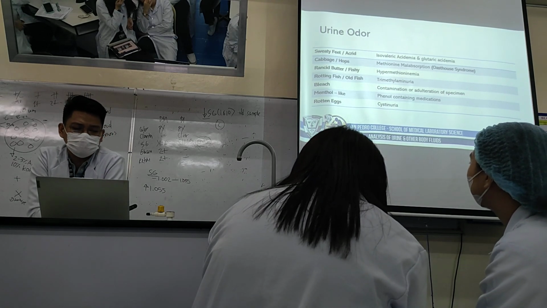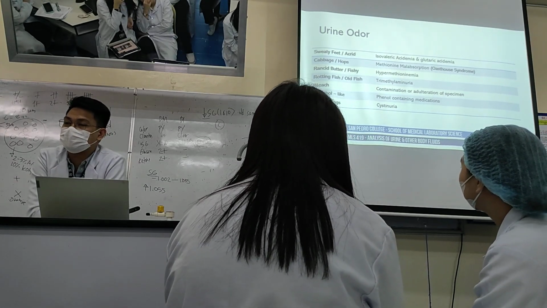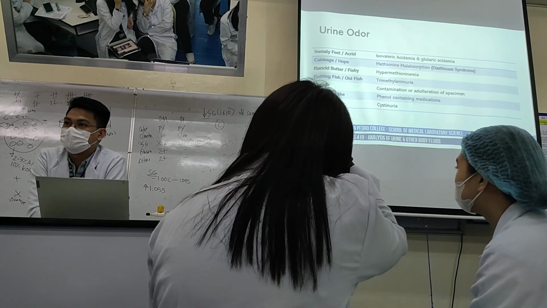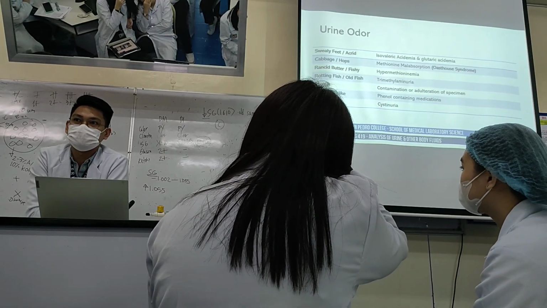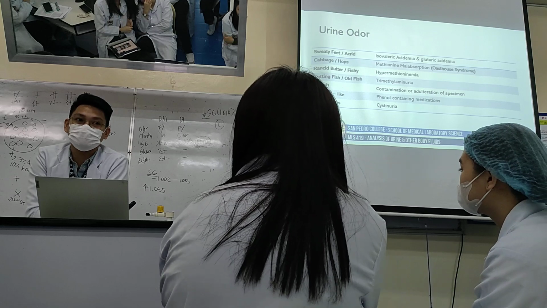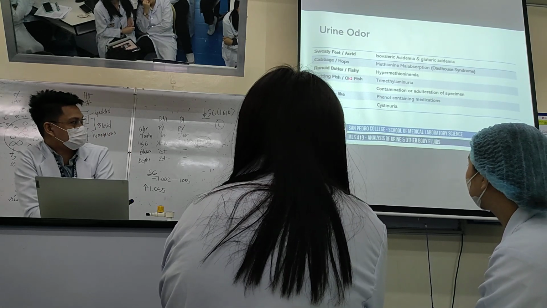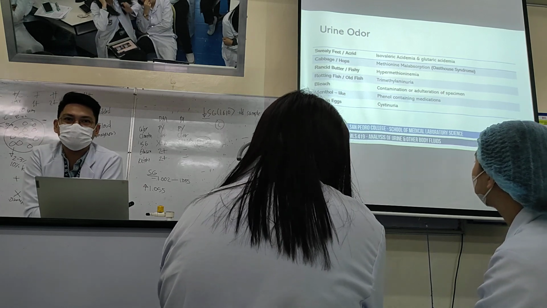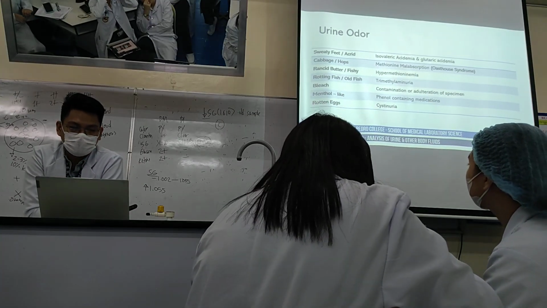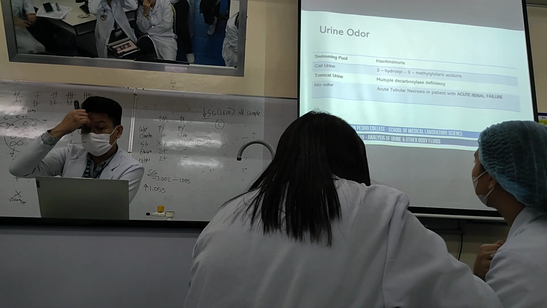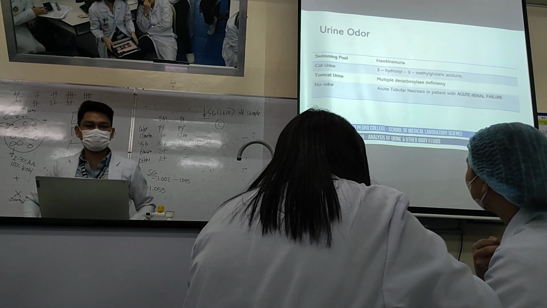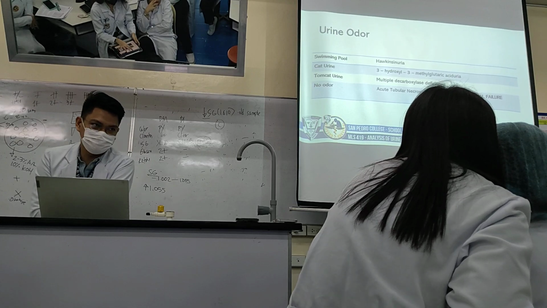Mentholated po, pwede po siya, class, for phenol-containing medications, or nag-ingest ka ng chlorets, kanang candy na chlorets, kanang color green. Okay, rotten eggs in patients with cystinuria. They also have swimming pool odor in cases of Hawkinsinuria.